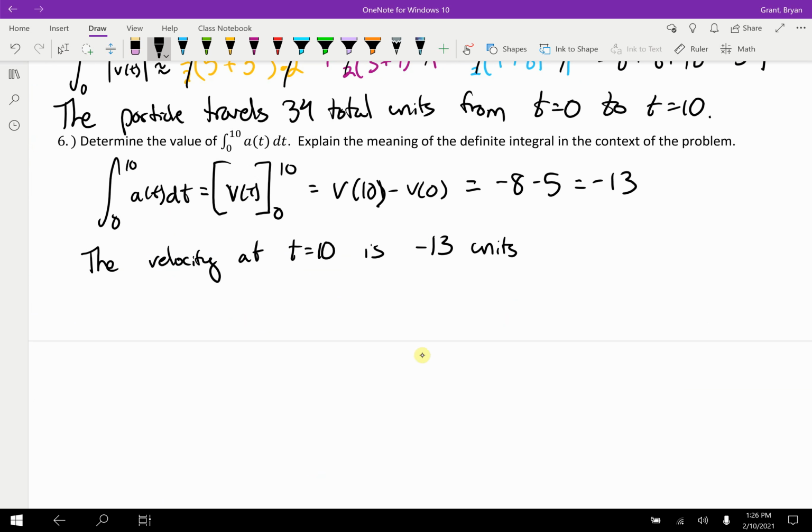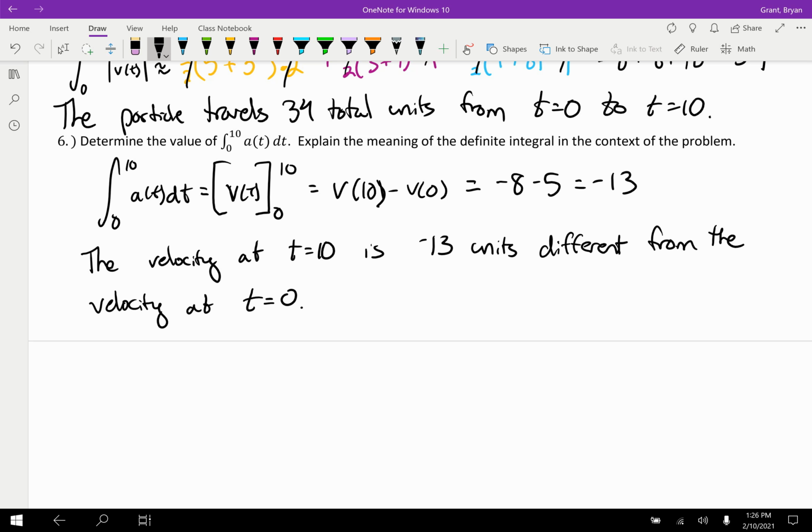And we don't want to say smaller, because negative and smaller is kind of a double negative, and that's never good. So we would maybe say, you could either say 13 units smaller, or negative 13 units different from the velocity at t equals 0.